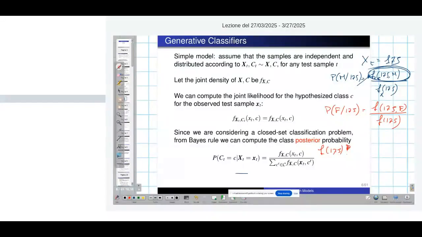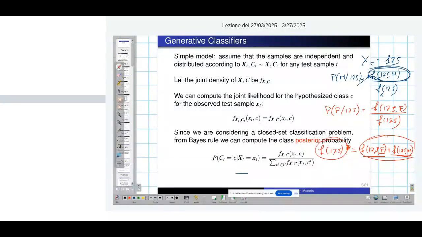So since I have only two classes, this is obtained by marginalizing the joint density with respect to the class variable. That means, since the class variable is discrete, it's a sum over all possible values for the class label of the joint density. This is exactly the marginal.